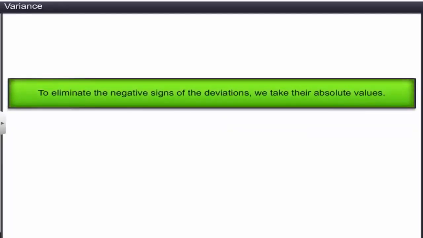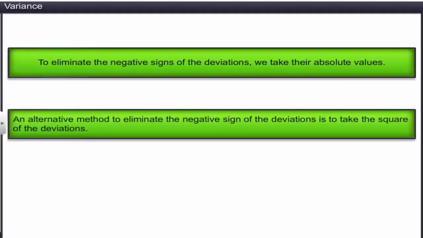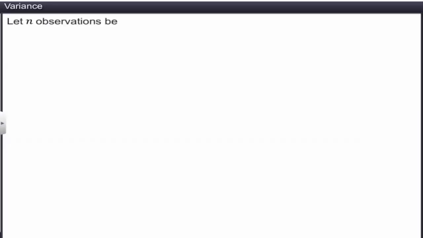We know that, to find the mean deviation of data, we take the absolute values of the deviations from the mean or median to eliminate the negative sign of the deviations. To avoid the difficulty of the negative signs of the deviations, an alternative is to take their squares. Let's consider n observations, x1, x2, x3 and so on, up to xn. The mean of the observations, x bar, is equal to the sum of the observations divided by n.